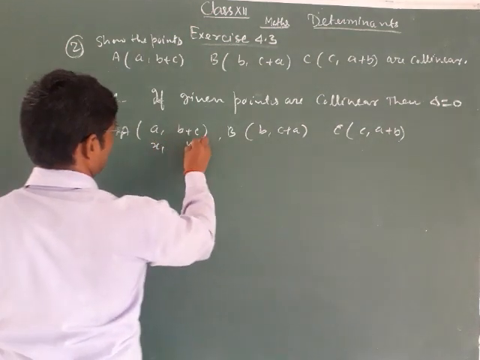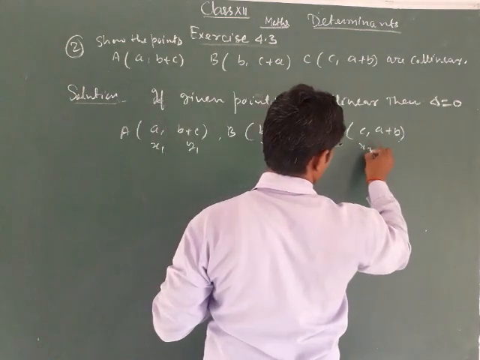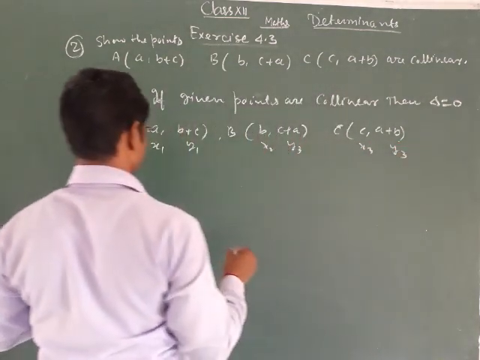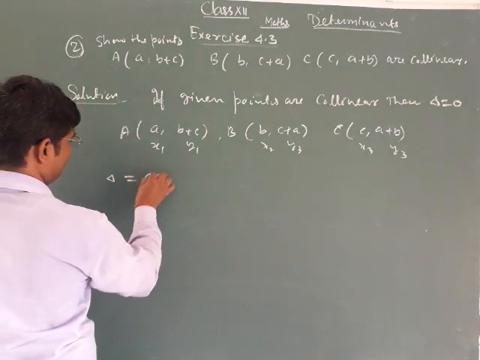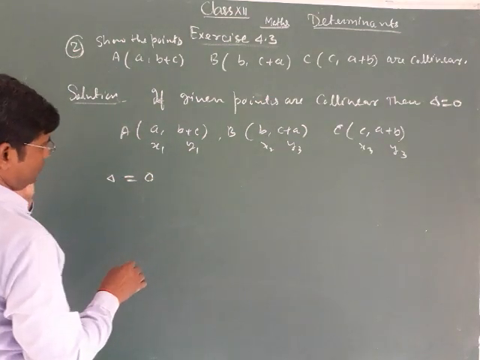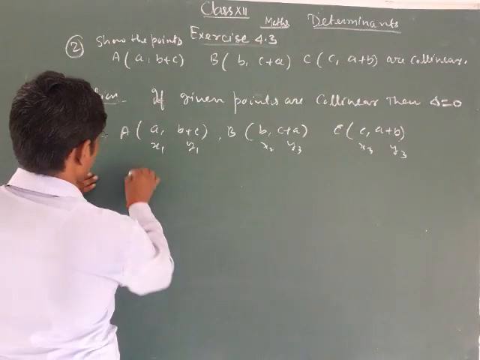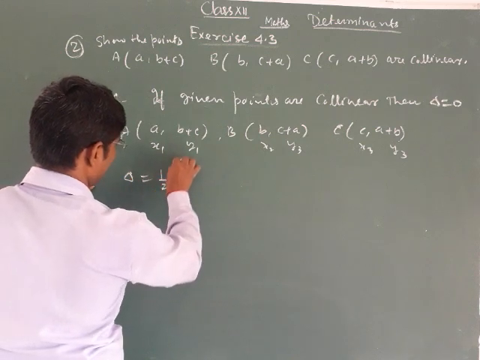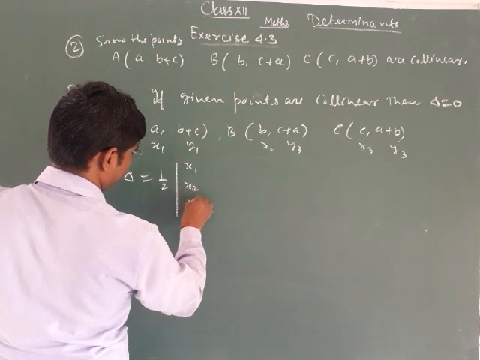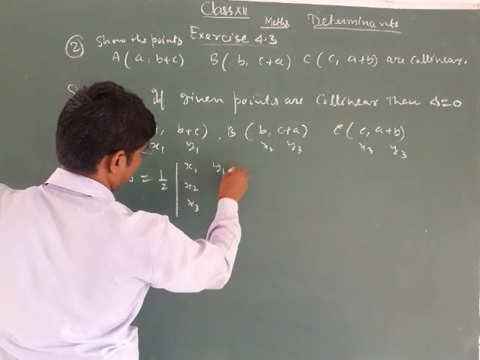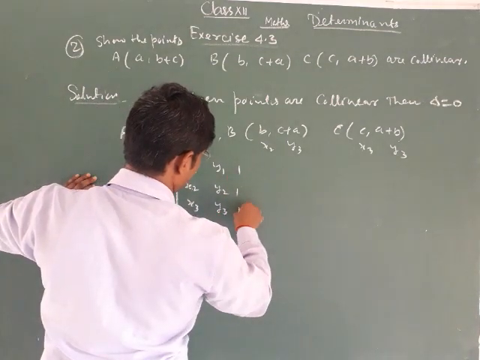These are x1, y1, x2, y2, x3, y3. So now the area is equal to 0. The area is equal to 1 by 2 times the determinant of x1, x2, x3, y1, y2, y3, 1, 1, 1.